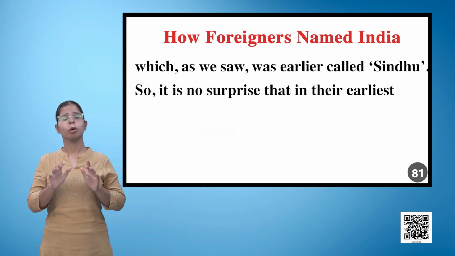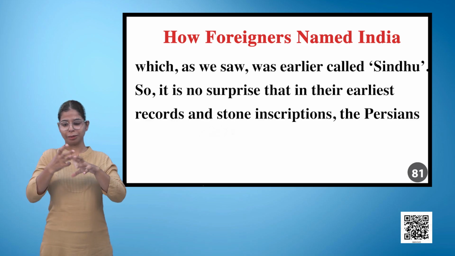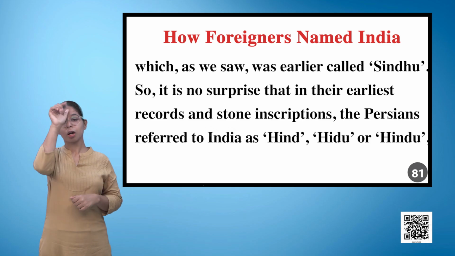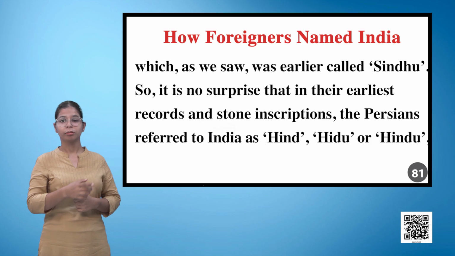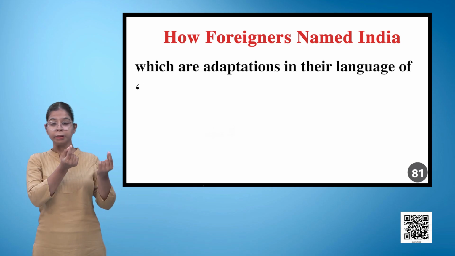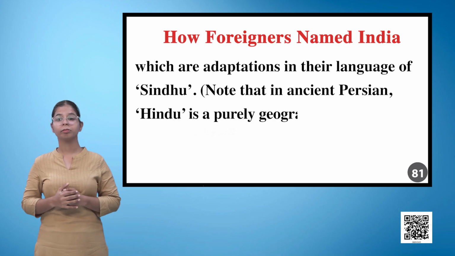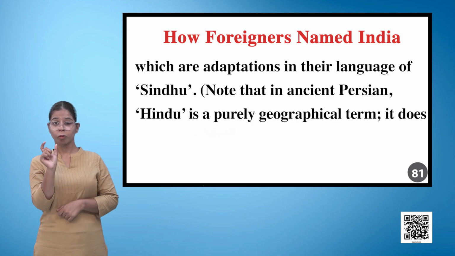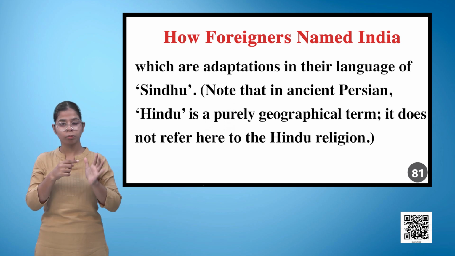So, it is no surprise that in their earliest records and stone inscriptions, the Persians referred to India as Hind, Hidu, or Hindu, which are adaptations in their language of Sindhu. Note that in ancient Persian, Hindu is a purely geographical term. It does not refer here to the Hindu religion.